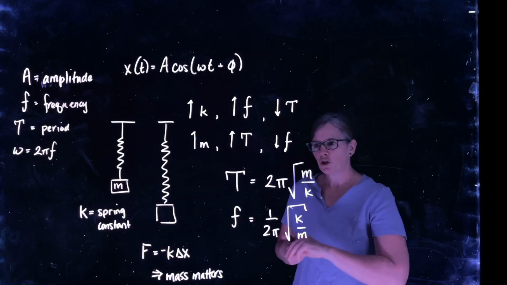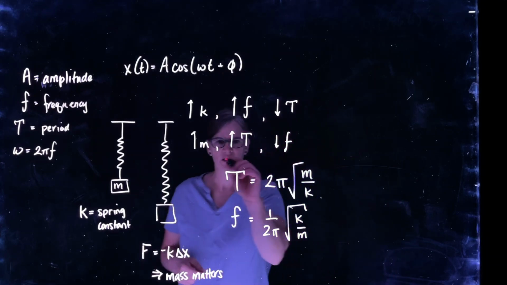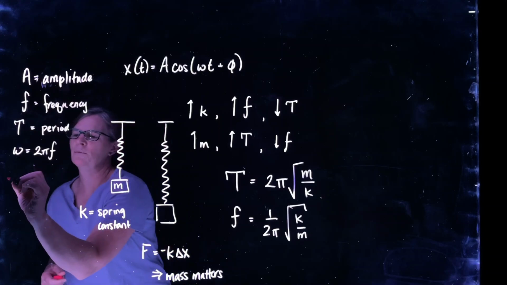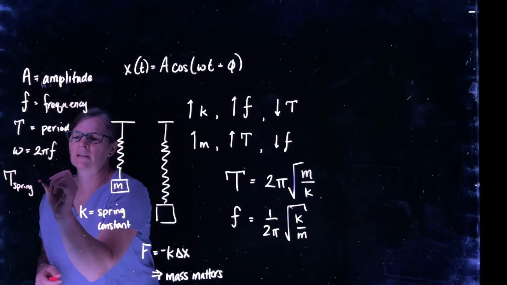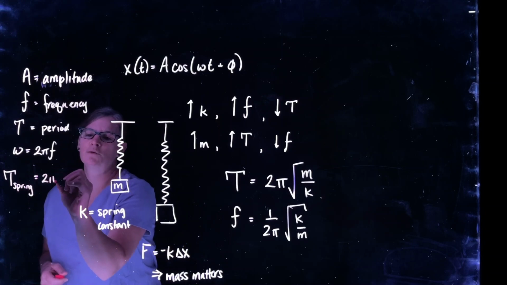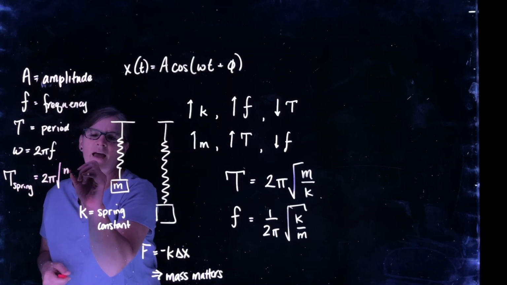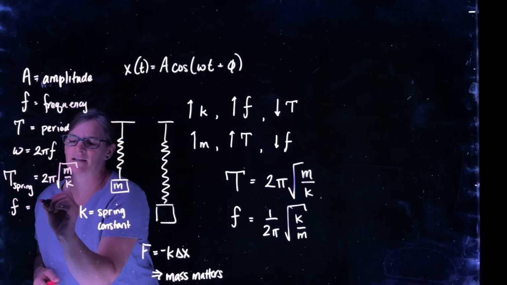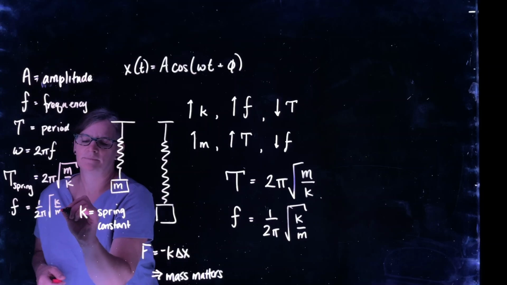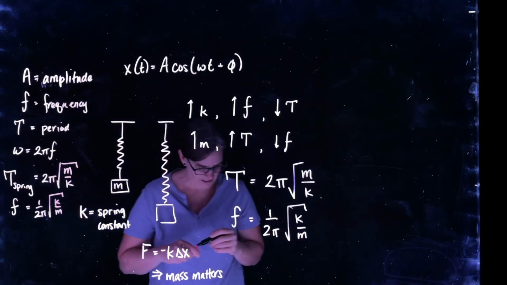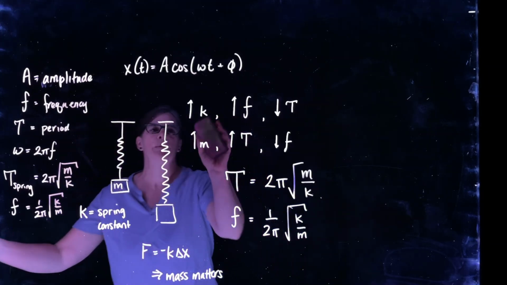All right, so two good pieces of information. I'm just going to transfer these over here, so for a spring in oscillation, the period is 2 pi times the square root of m over our spring constant k. And the frequency, 1 over 2 pi times the square root of k over m. All right, let's get rid of this a little bit.